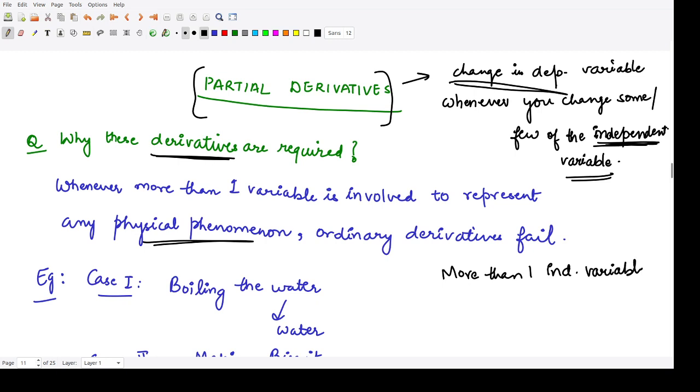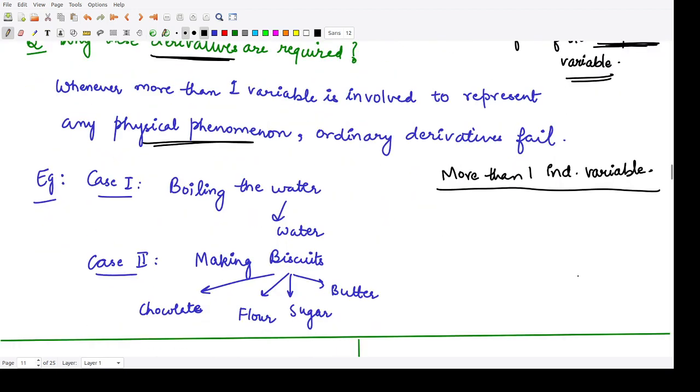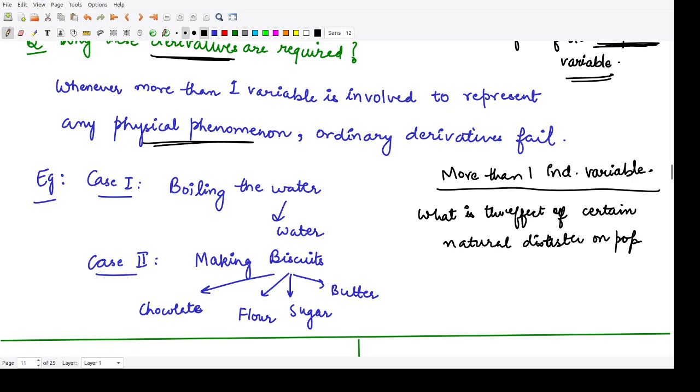Okay. For example, let me give you one more example. Suppose you wanted to study what is the effect of certain natural disaster on the population. For example, we are in this COVID era. Okay.